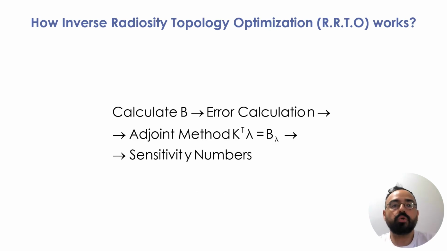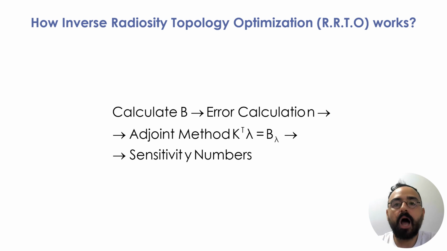So, how do we design the facade based on this error? This is how inverse radiosity topology optimization, or IRTO, works. First, we compute the forward light distribution B. Next, we evaluate the normalized error on the floor.